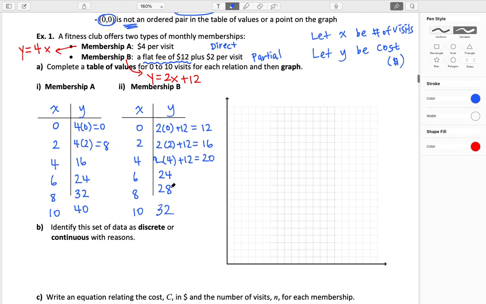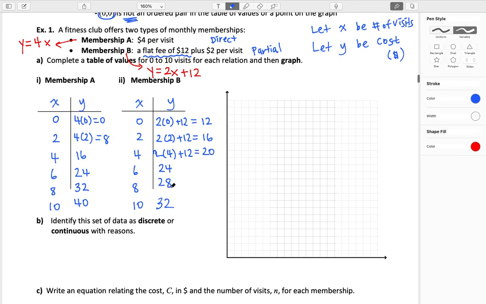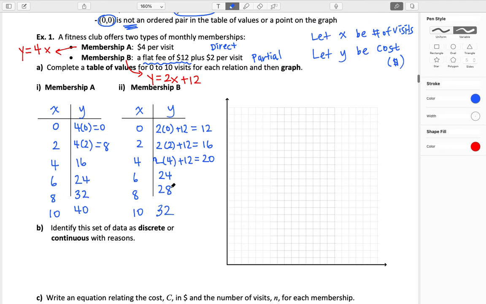Now, let's identify this as discrete or continuous. Just by looking at it, we know that it's going to be discrete. The reason why it's discrete is because for the X value, which is the number of visits, can you have 0.5 visits? Or can you break down the number of visits into a decimal point? You can't.